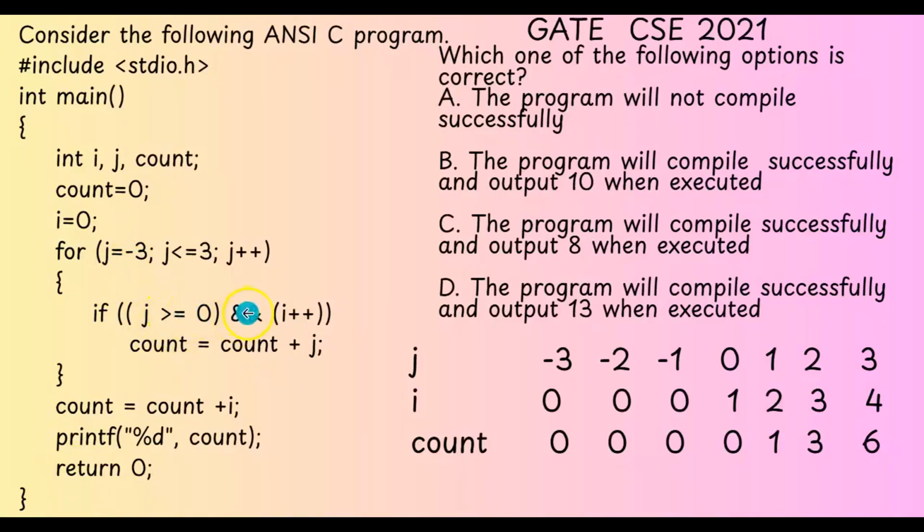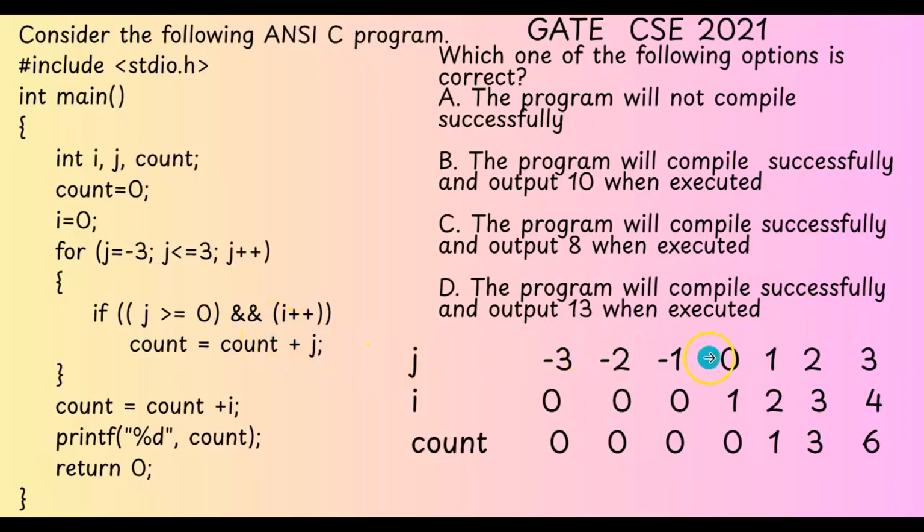In an AND gate, when the condition on the left side becomes false, the right side expression will not be executed, because in the AND gate both sides should be true to get the true output. Even if one side is false, the total output is going to be false. So for -3, -2, -1, the I and count values will not be modified.